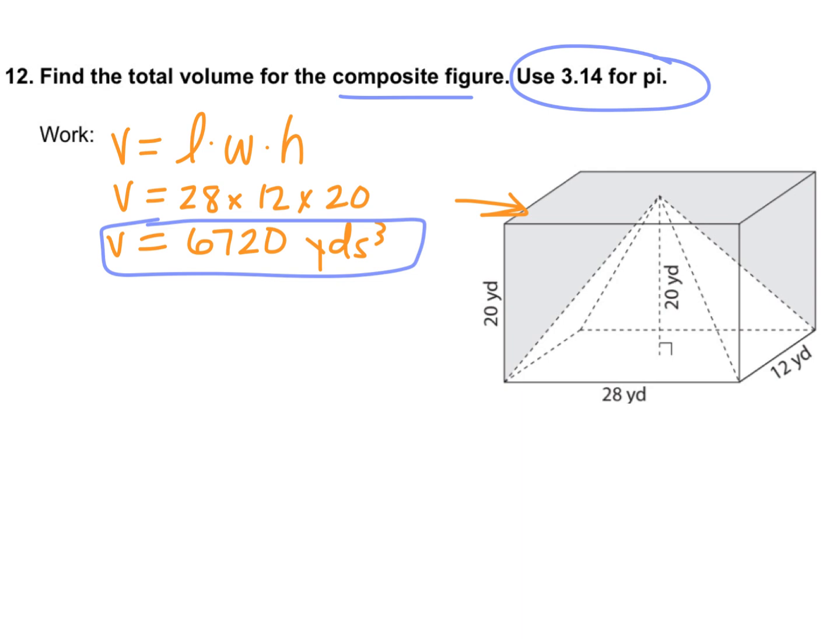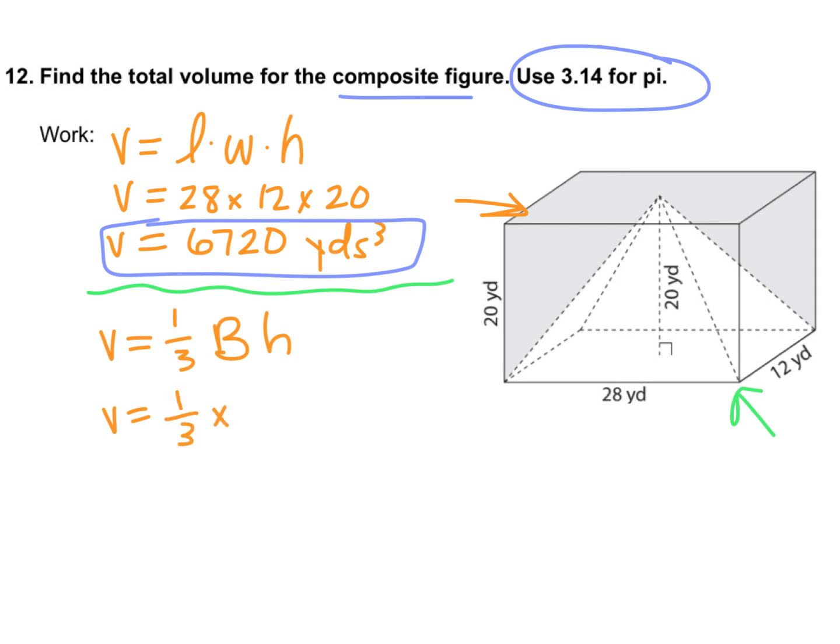And then we haven't really done a lot of these, but this is a square pyramid, like a pyramid shape. So that formula is 1/3 the area of the base times the height. Okay, so 1/3 the area of the base.